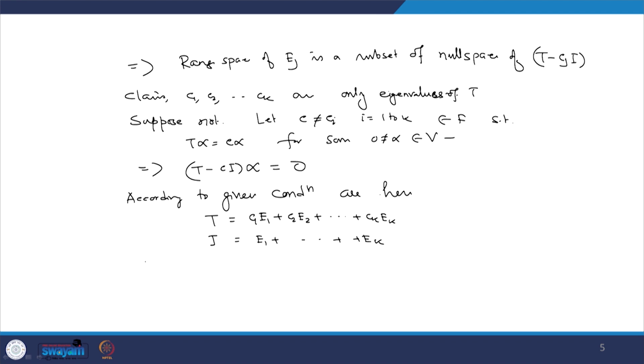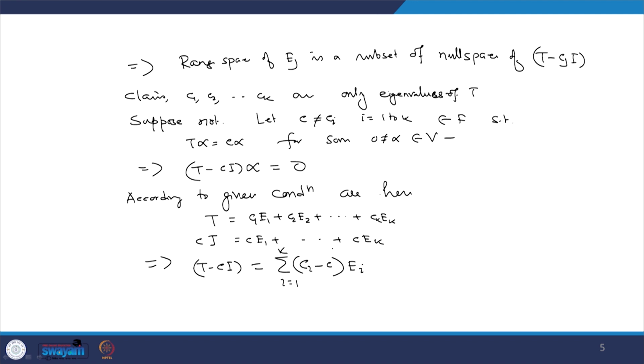So, this implies that T minus C I will be equal to sigma (Ci minus C) into Ei, i equal to 1 to k.